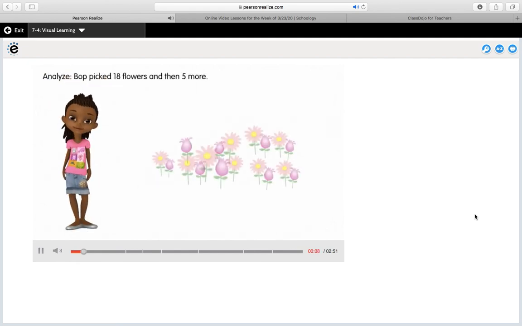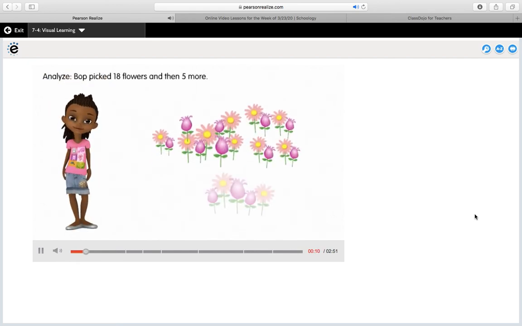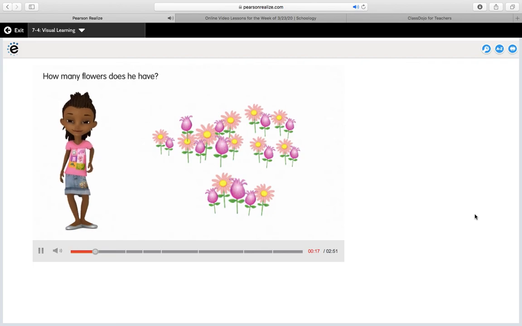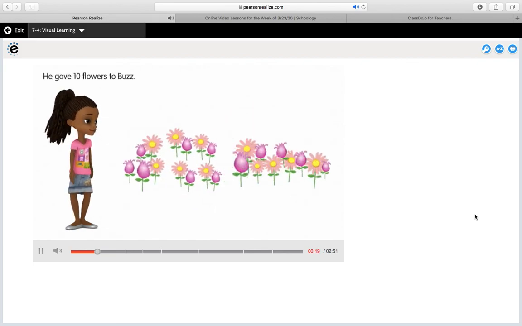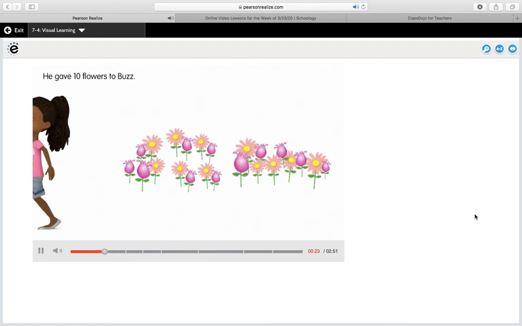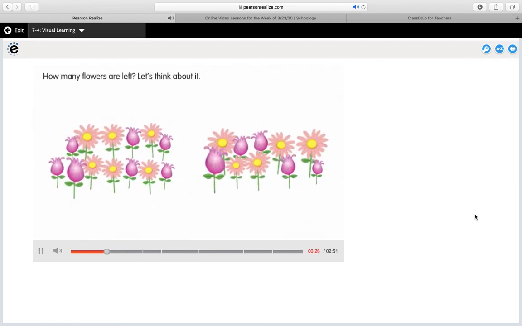Analyze. Bob picked 18 flowers and then 5 more. How many flowers does he have? He gave 10 flowers to Buzz. How many flowers are left?